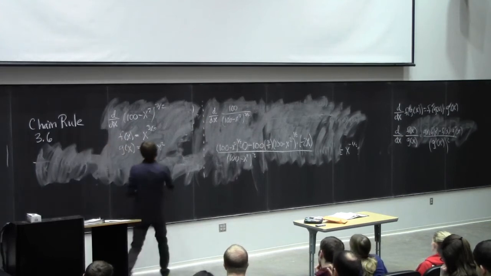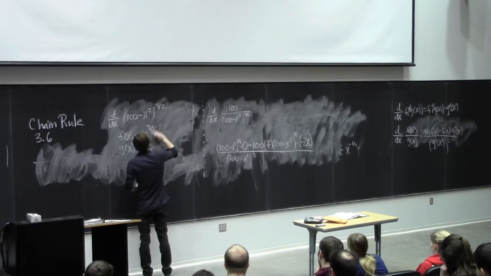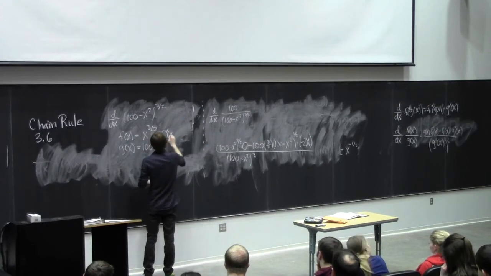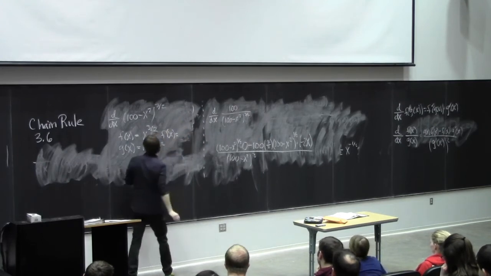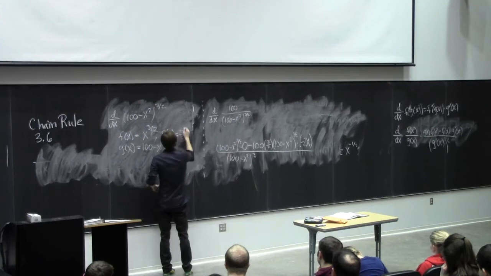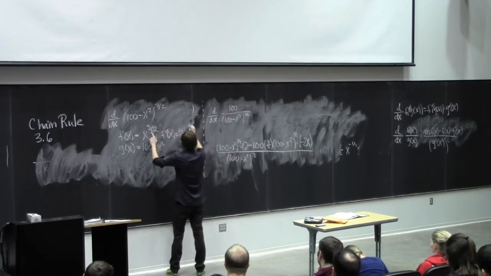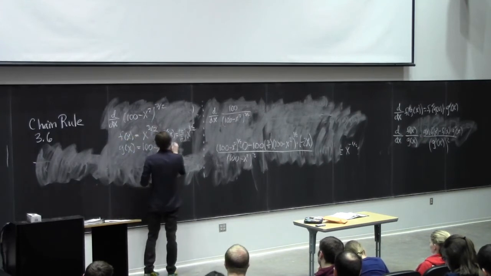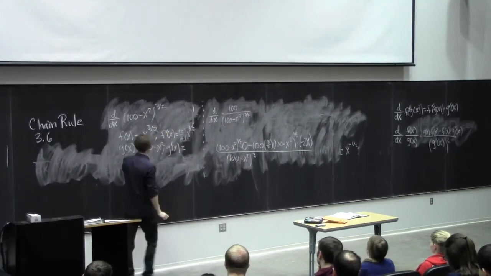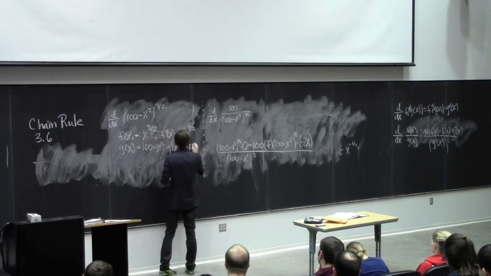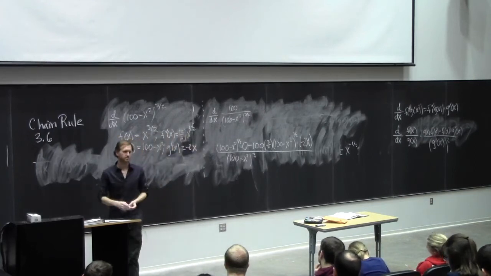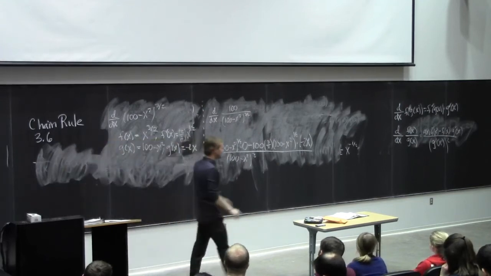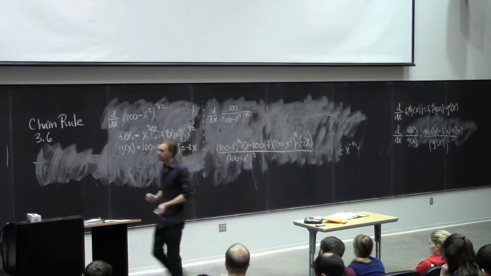Now f prime of x is equal to 3/2 x to the 1/2, and g prime of x is equal to minus 2x. And so now I'm going to plug all that back into the chain rule, and we'll see what we get.